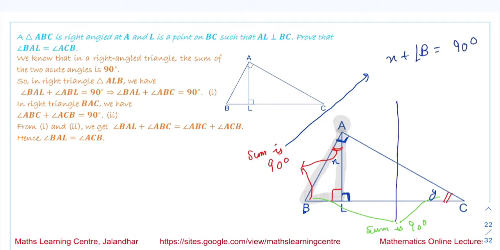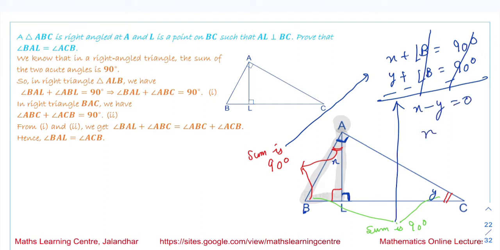From this we get Y plus angle B is equal to 90 degrees. You subtract these two equations, you will get X minus Y is equal to 0. So X is equal to Y, and this is what we have to prove, that X and Y are equal.